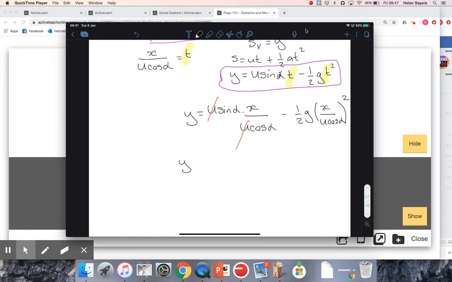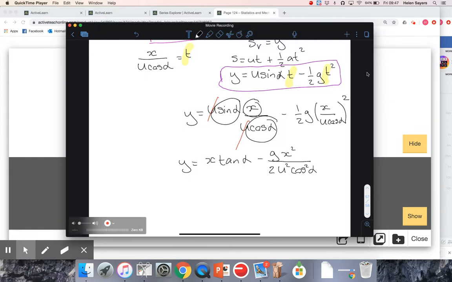So I'm left with x, and then I've got sine alpha over cos alpha, which is tan alpha. So I've got the tan alpha they wanted. If I square out these brackets, so I've got g, and then that will be x squared. I've got the half, and then that will be u squared and cos theta squared.